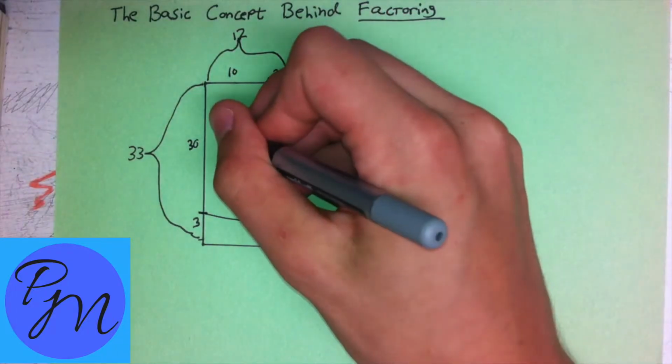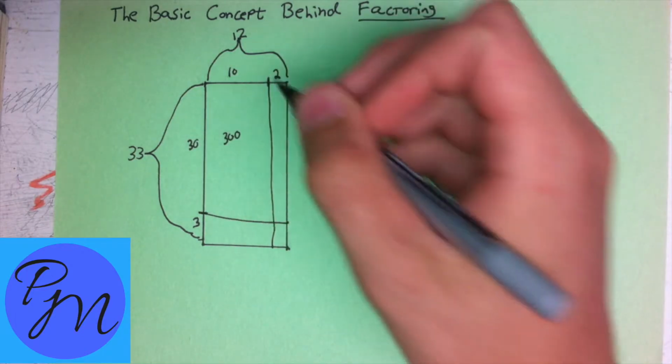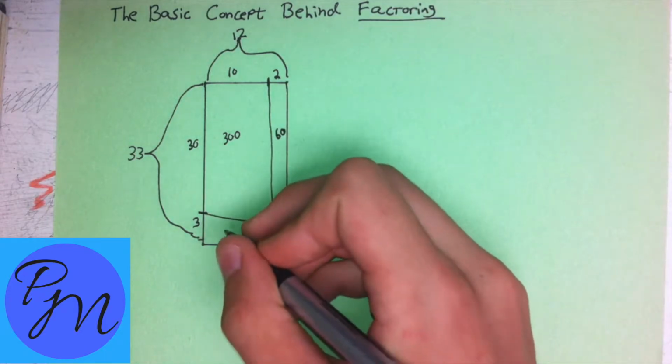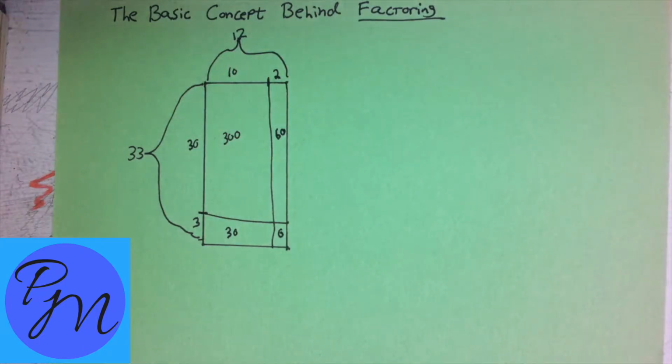So this rectangle would have an area of 300 because that's 30 times 10. And this one would have an area of 60. And then this rectangle would have an area of 30. And then this rectangle would have an area of 6.